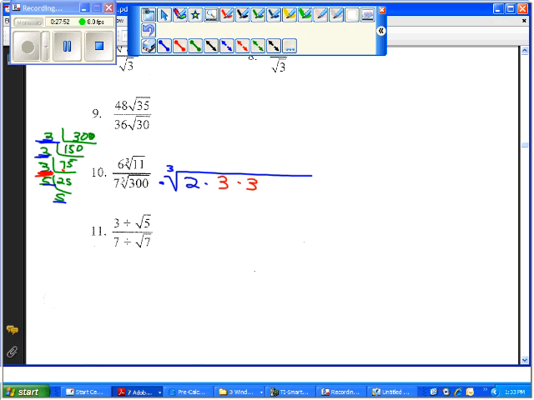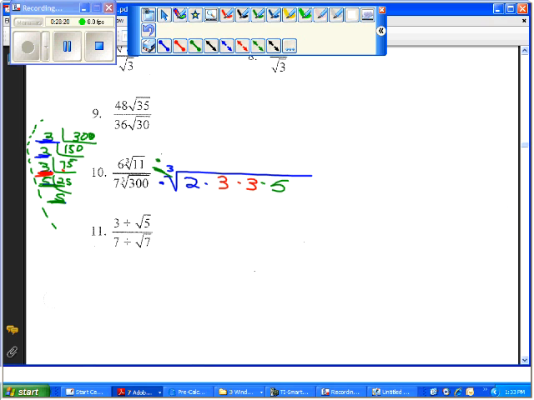How many times has the 5 already appeared? Twice. So we need how many more? 1. To rationalize the denominator, we multiply by the square root or cube root of blah times blah times blah times blah, such that each prime involved will appear the index number of times. Okay?